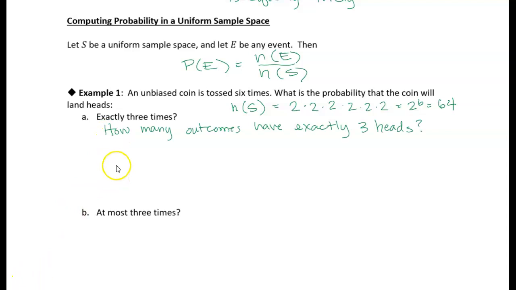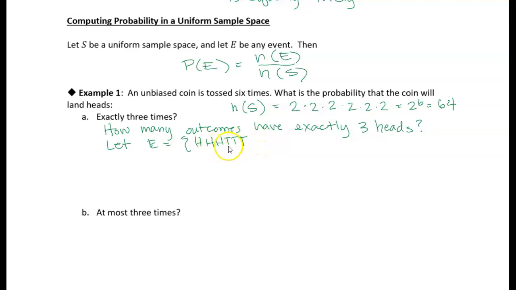Okay, so what we want to know is how many of those outcomes have exactly 3 heads. All right, so we're going to define an event E. We're going to say, let's let E be the event that includes, well, it's going to include H, H, H, T, T, T, right? Our desired event is exactly 3 heads. But there's a whole bunch of different ways we could write that, right?